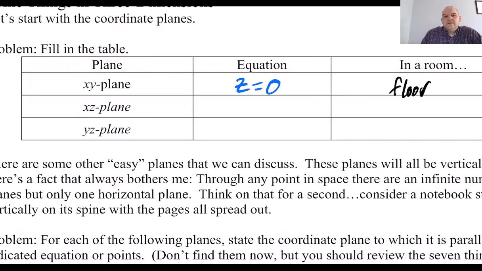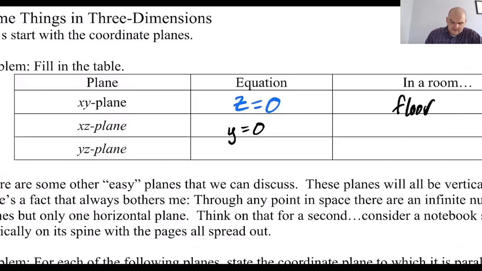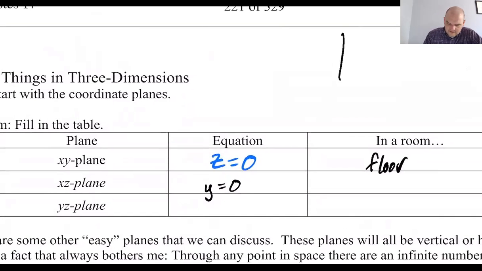Okay. The next type of plane, the xz plane. What's missing? Y is missing, so the equation is going to be y equals 0. And if you think back to that picture that we drew before on the first page of the notes, if you're looking for the xz plane, you have this, and this is x, this is y, this is z.